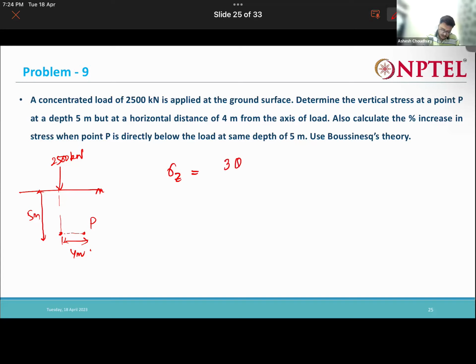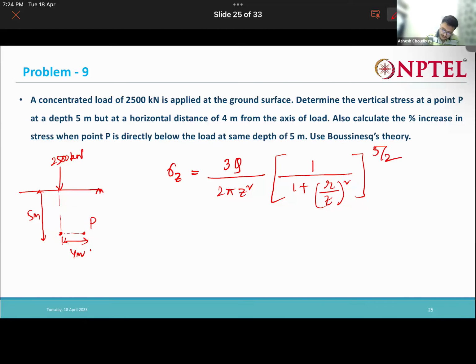It's 3Q by 2 pi z square into 1 by (1 plus (r by z) square) to the power 5 by 2. Q is 2500, z is 5 meter and r is 4 meter.